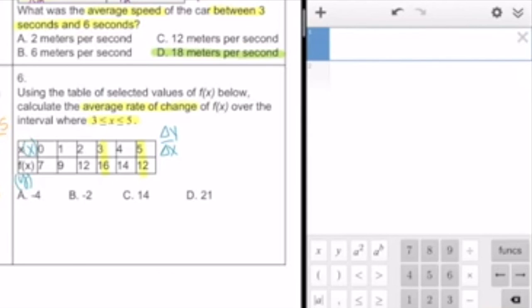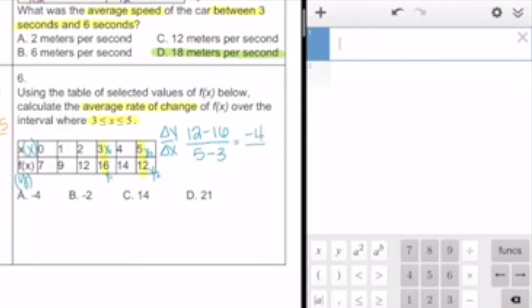Okay, our change in y, in this case, look what happens if we have x1, y1, x2, y2 and do this the same way we have been. So 12 minus 16. And then since we started with 12, we have to start with 5 for the x's. So 5 minus 3. All right, so when we simplify this, 12 minus 16 is a negative 4.